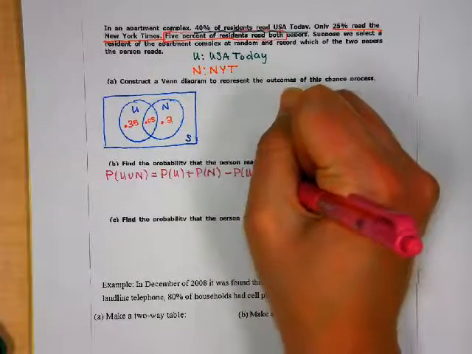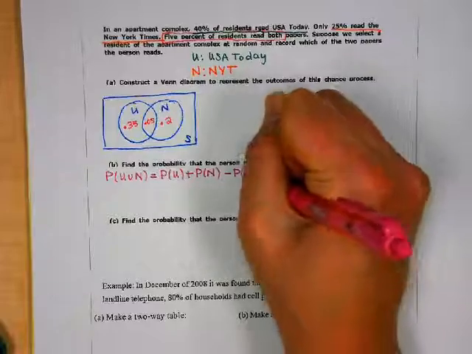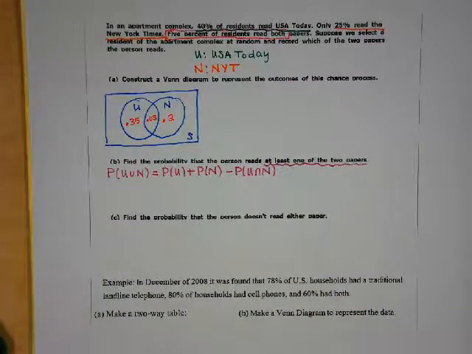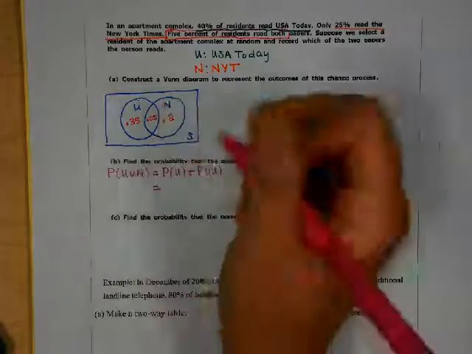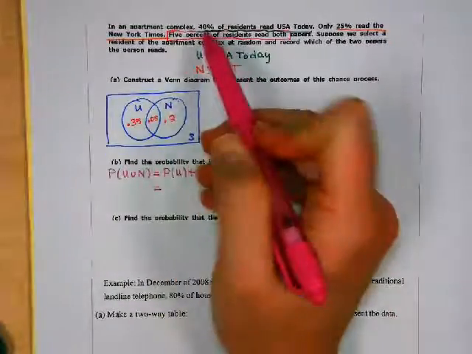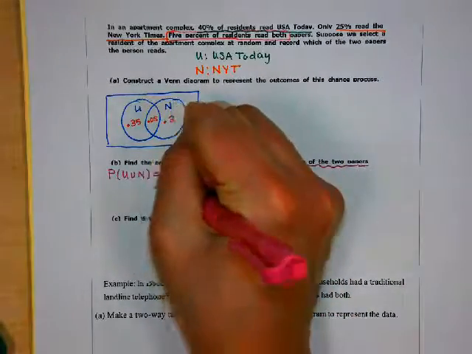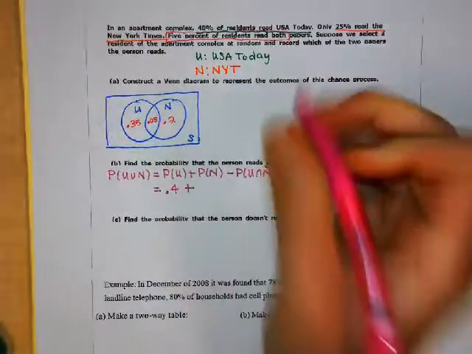So the probability they read USA Today, 40%, or if you look at the circle U, 35 and 5 is 40%. Plus probability New York Times, 25%, or circle N, 0.05 and 0.2 is 0.25.